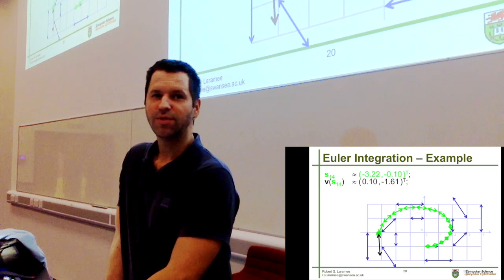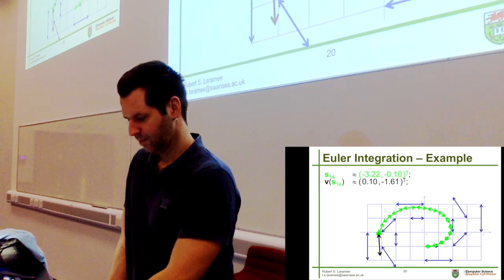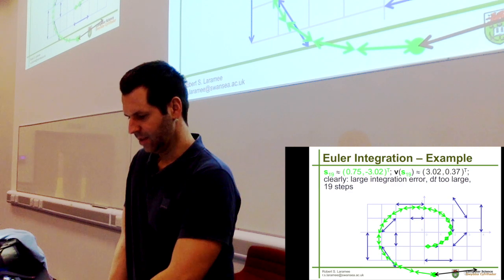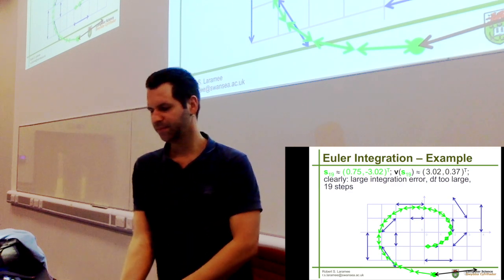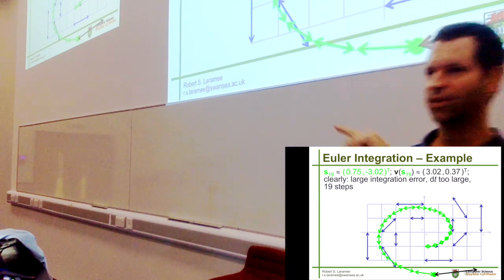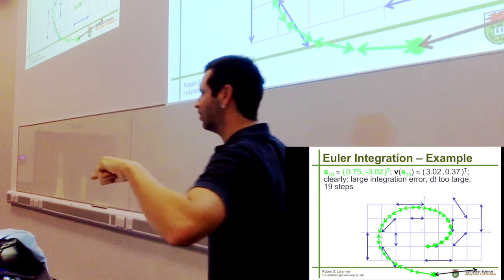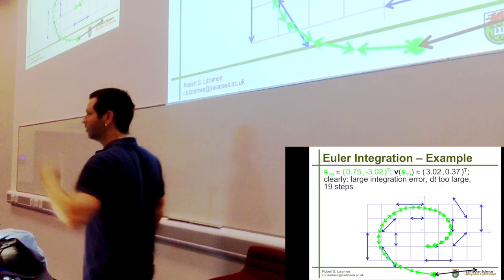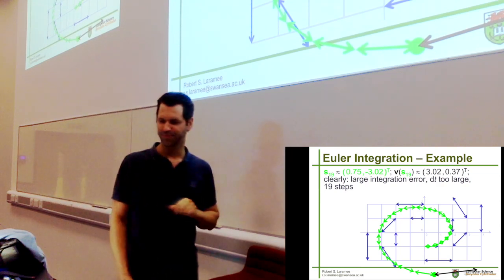There's the 14th point. And there is the 19th point along the streamline. So it's just tracing a curve in the vector field along the streamline.